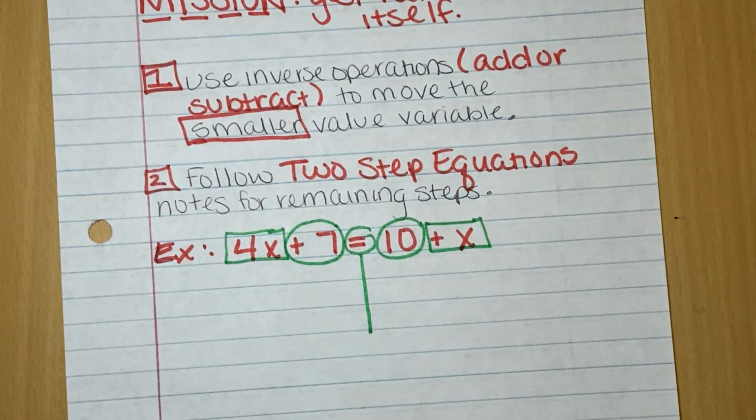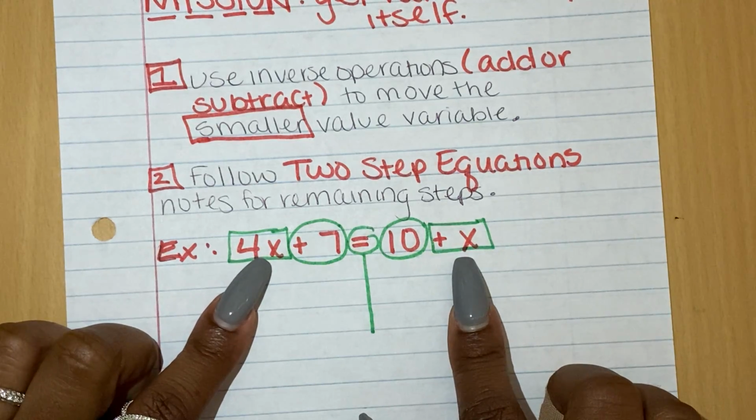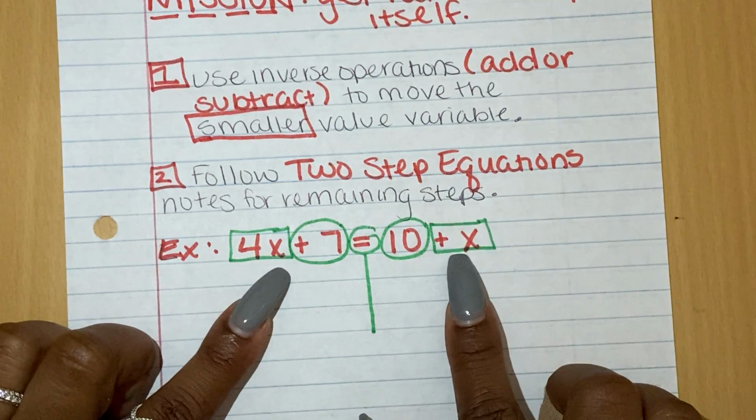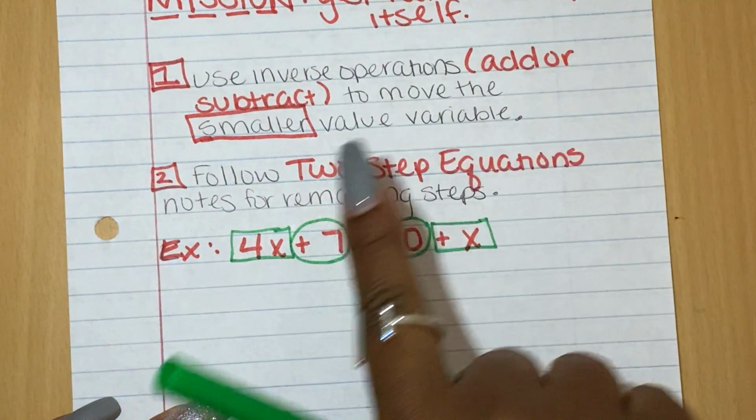Okay? Now, I am going to use inverse operations to move the smaller valued variable. These are my variables. The one with the smaller value is this x over here. So it told me to use inverse operations. We're either going to add or subtract.